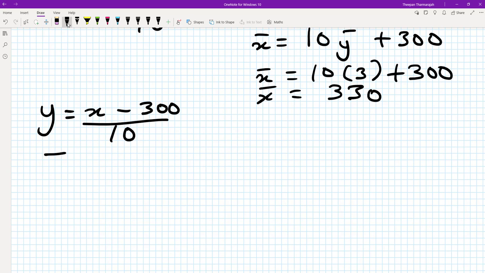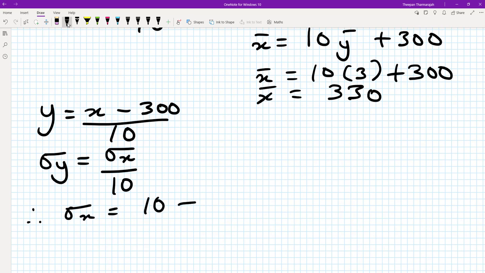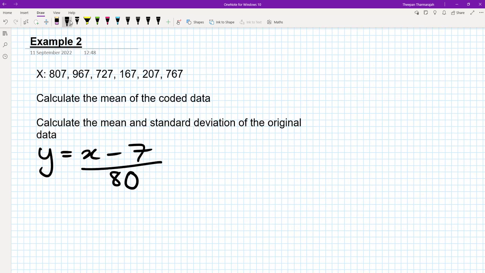So we can say that sigma y is sigma x over 10. So therefore sigma x is 10 times sigma y. In our case, it's going to be 10 times 1.72, which is 17.2.